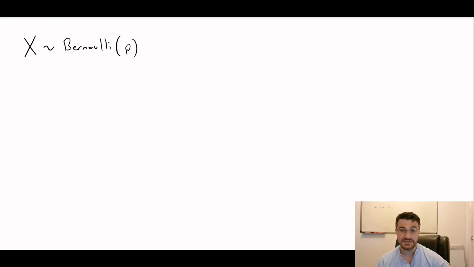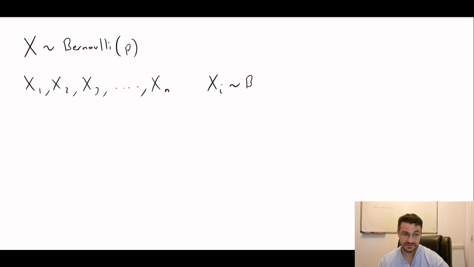It turns out that a sum of Bernoulli random variables... So let's say we've got x1, x2, x3, all the way up to xn, such that each of the xi have exactly the same distribution, Bernoulli with parameter p.